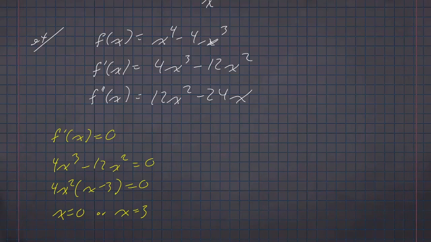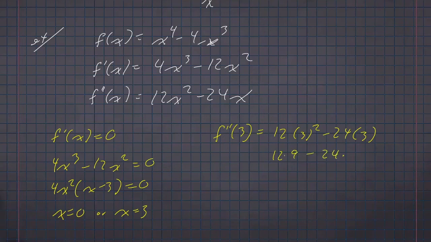If I evaluate the second derivative at 3, I get 12 times 3 squared minus 24 times 3. 3 squared is 9. 12 times 9 is 108. 24 times 3 is 72, and 108 minus 72 is 36.